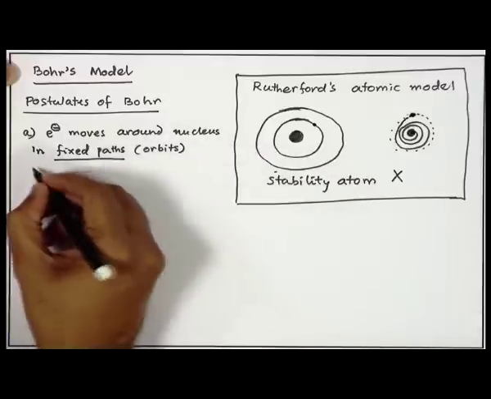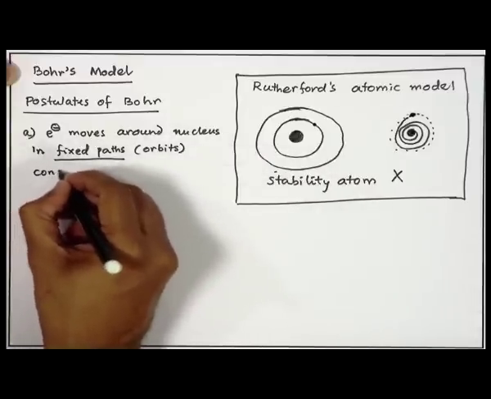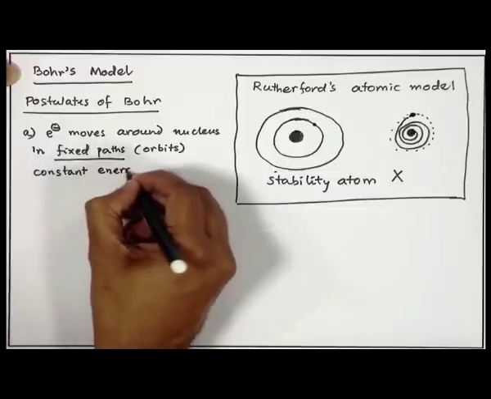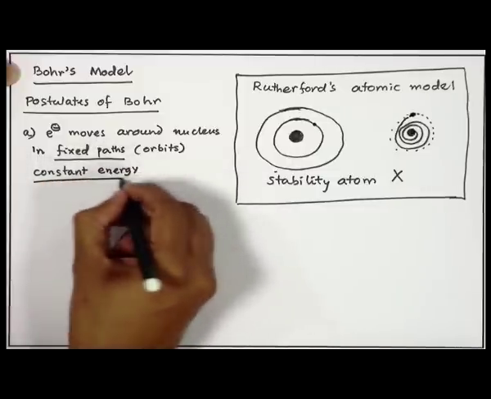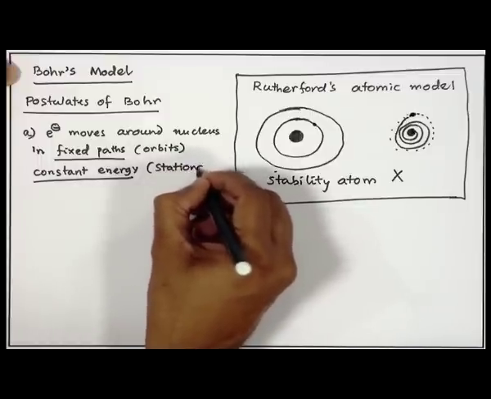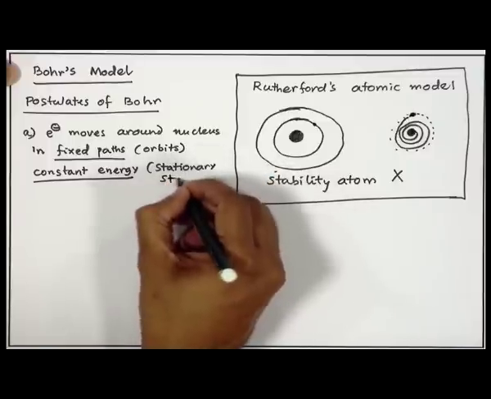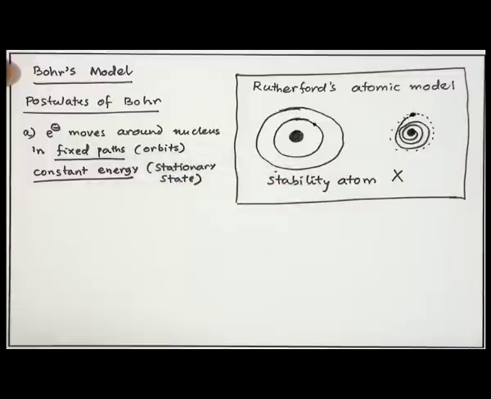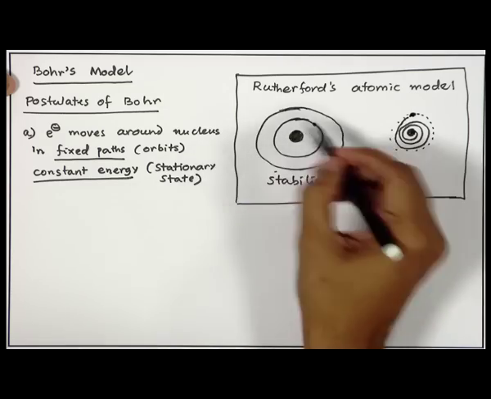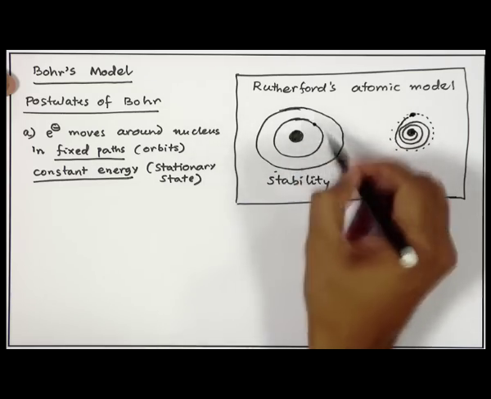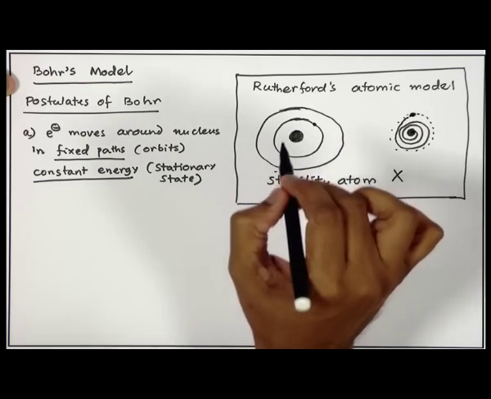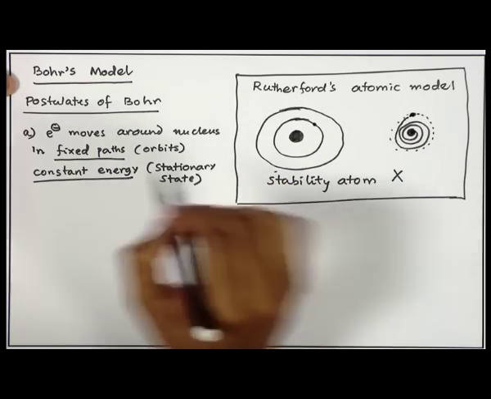These fixed paths have constant energy, or a fixed value of energy, and he called them stationary states. So, Niels Bohr said that the electron goes around the nucleus in a circular path, but these paths are fixed and have a fixed radius.